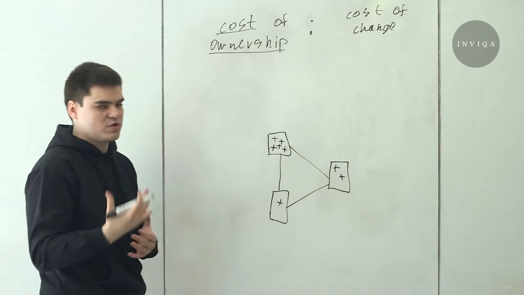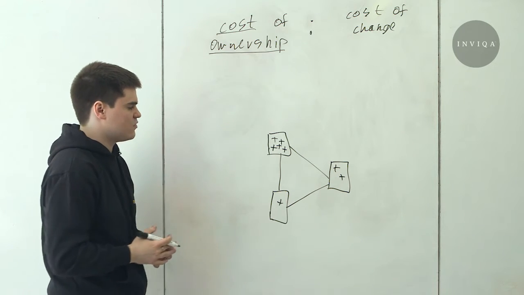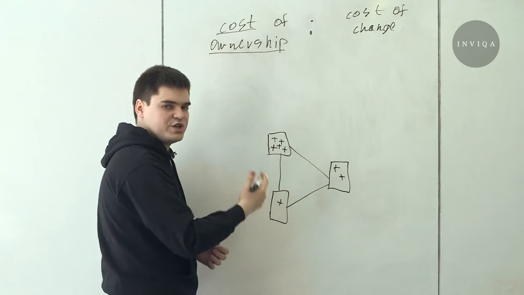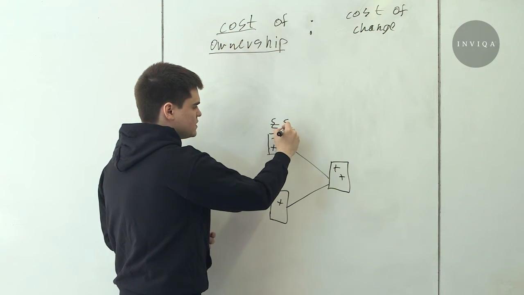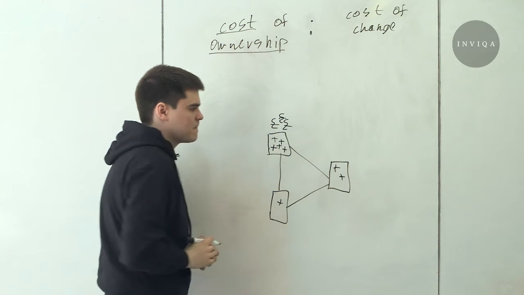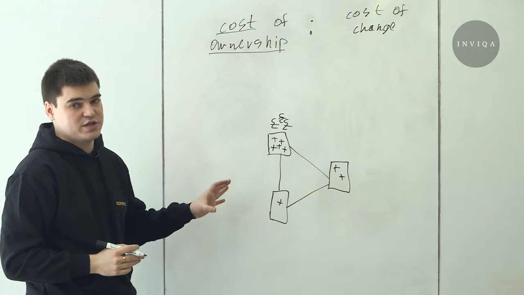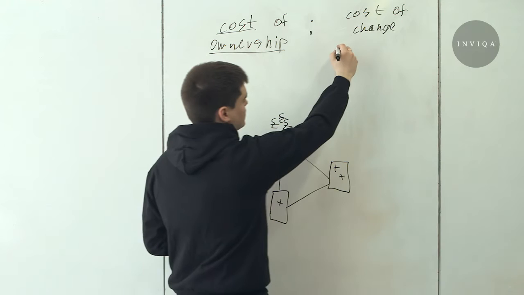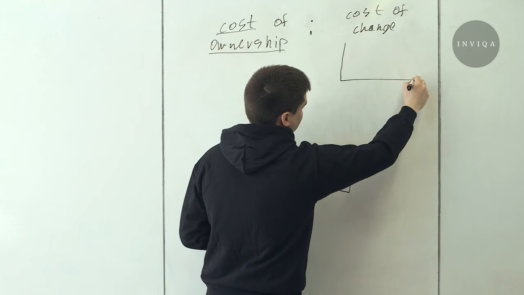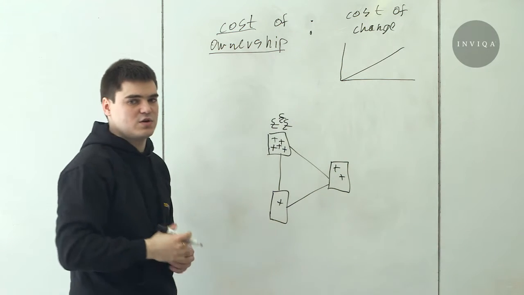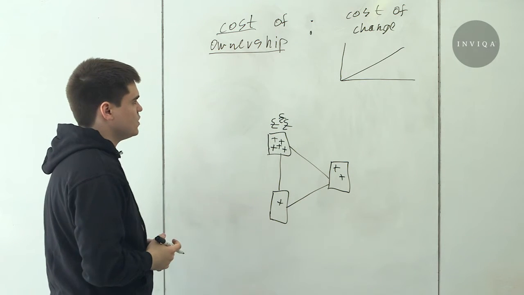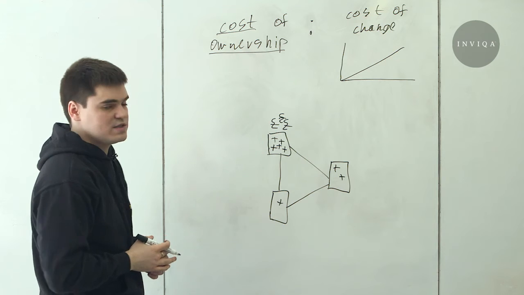And after a couple of iterations or even months, you start recognizing the pattern where the more changes you add to that particular module, the more it costs. That is called the cost of change. So the cost of change is almost an exponential function, where the more you change the code, the more it costs over time. So if that is the cost of change, then what is the cost of ownership?